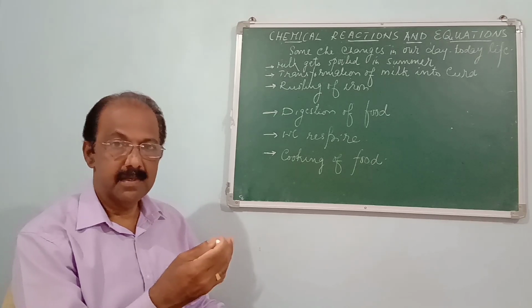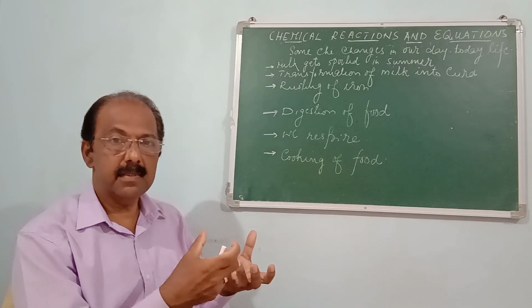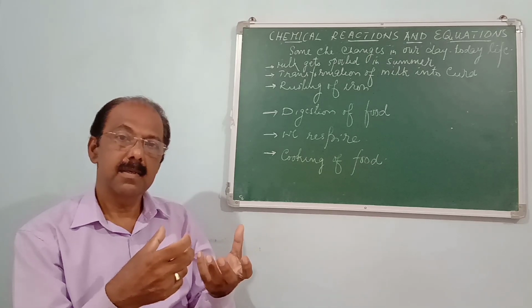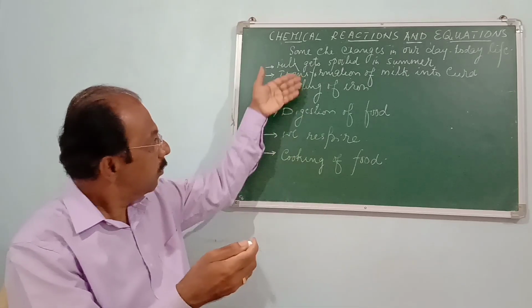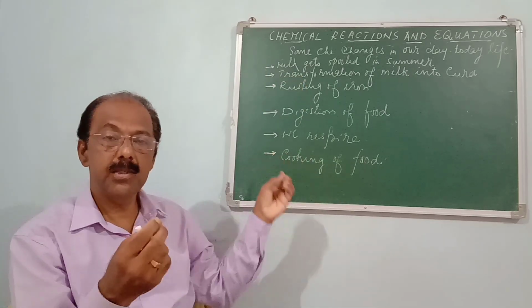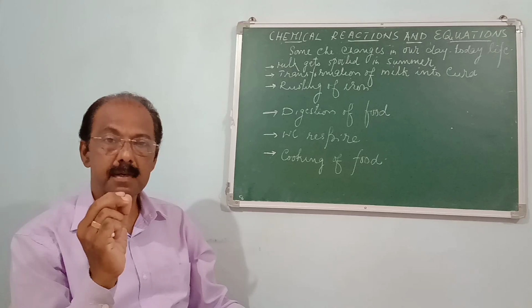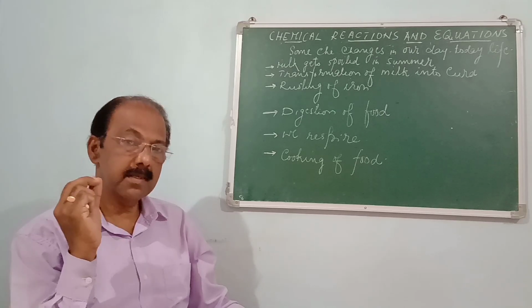You see a change. That means the nature and identity of milk is totally changed. And in all these examples you see the nature and identity of the original substance change.